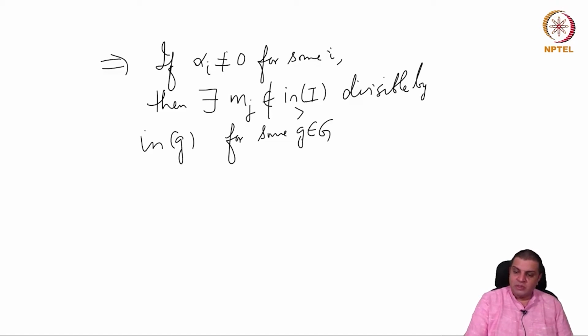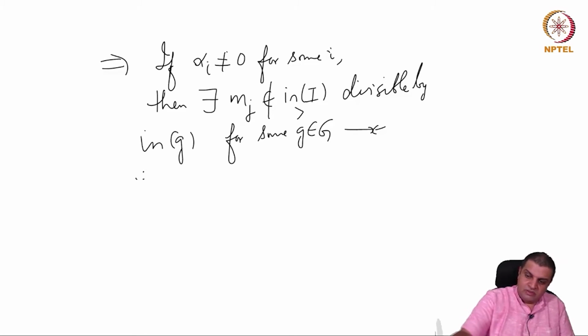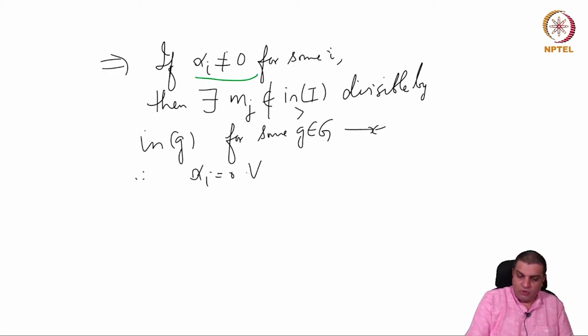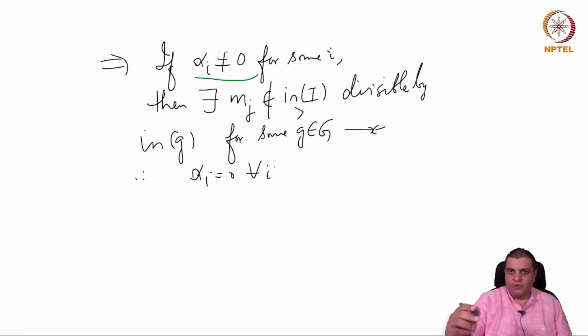Anything that is divisible by such terms will be inside the initial ideal. So this is a contradiction, and the contradiction is for this assumption. Therefore alpha_i is equal to 0 for all i, which is what we wanted to prove. This proves linear independence.